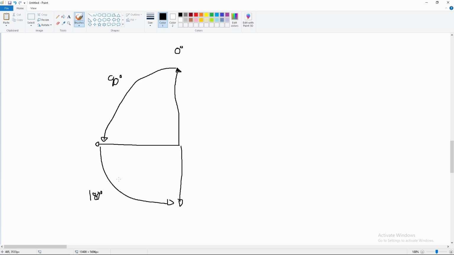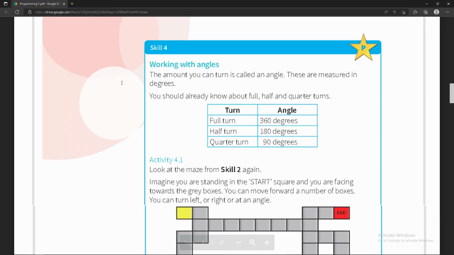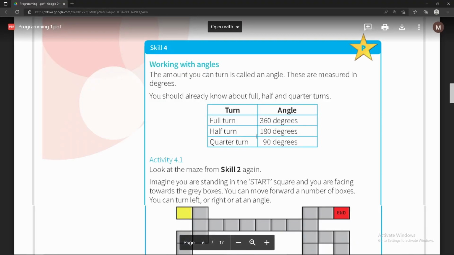Now you need 180 degrees to turn around, so that is this one, 180, and then turning all the way around, that would be 360 degrees. So from here we turn all the way around, and that was 360 degrees. So this is a full turn, half turn, and a quarter turn. So that's just what they said that you need to know.